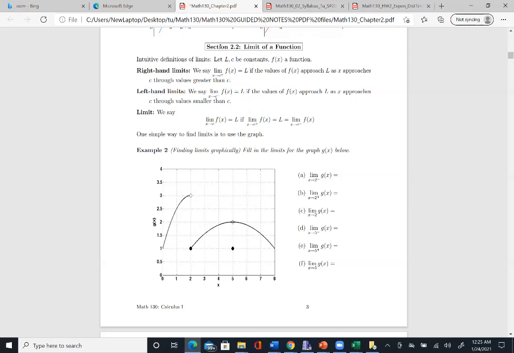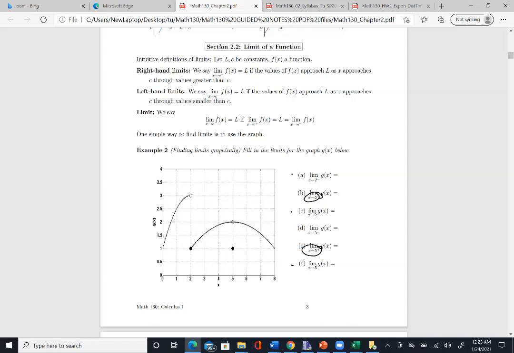It's finding the limit graphically and filling in the limits for the graph g(x) below. So we're going to look for the right-hand limits, which are the ones that have a plus sign, right? This one has a plus sign, this one has a plus sign, but this one does not. So let's take a look at the right side.